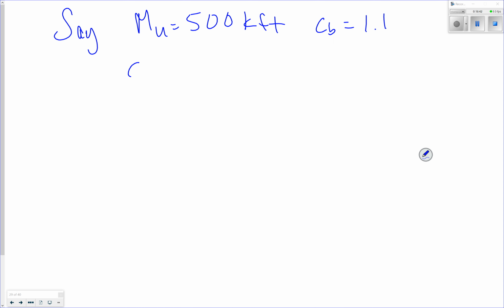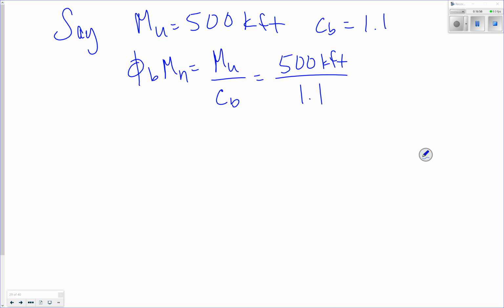Well, I can divide how much I need by Cb. So 500 kip-feet divided by 1.1. I can go to my tables saying, hey, I only need 454 kip-feet. Instead of really, I need 500, but I reduced how much I need because of the Cb factor.